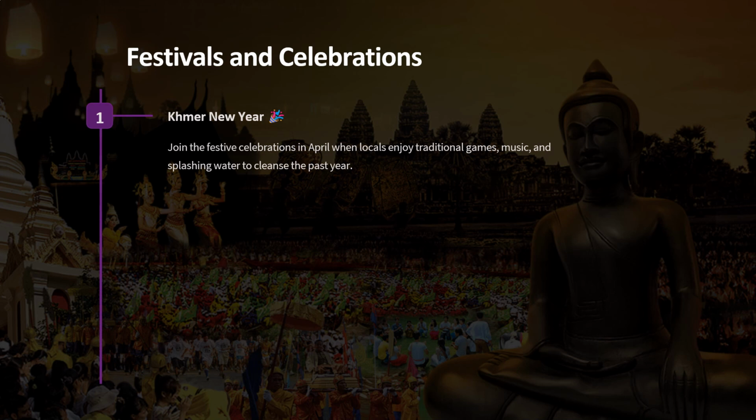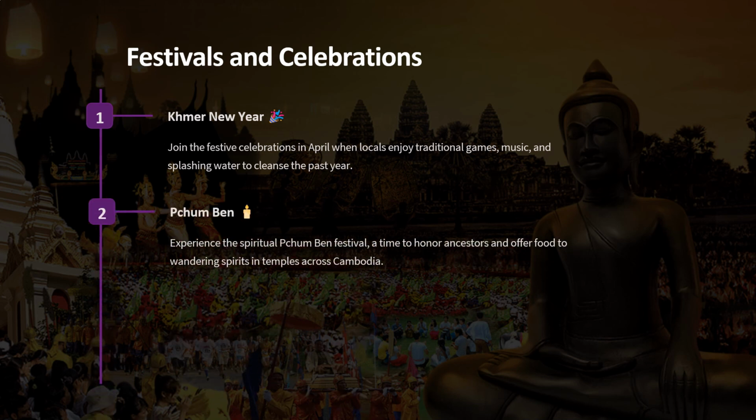And they have a lot of fun. Yeah, and number two, we have the Pchum Ben. It looks like Halloween day. Yeah, it looks like that, Pchum Ben. Especially on the first day, it's time to honor ancestors and offer food to the wandering spirits at the temples of Cambodia.